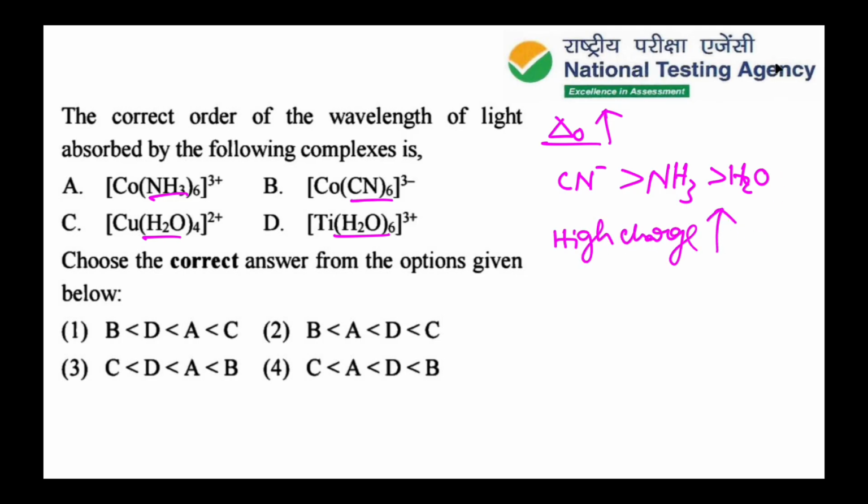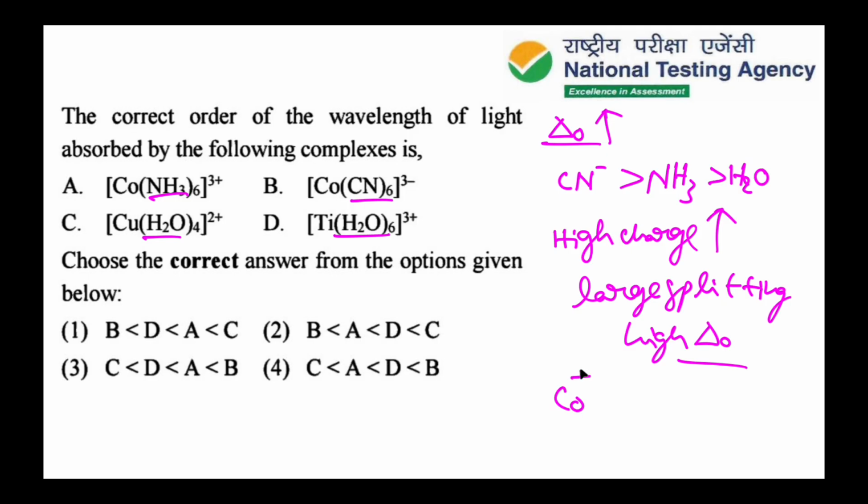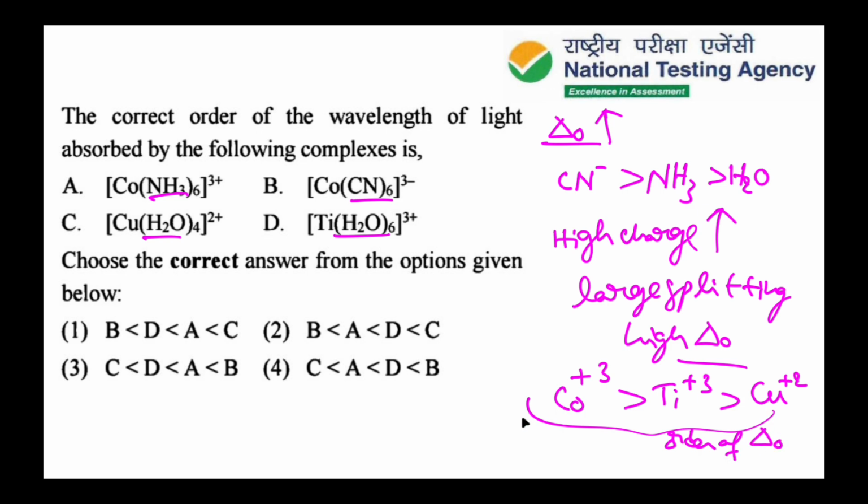Higher the charge on the metal ion leads to large splitting and a higher delta O value. So in these complexes, Co plus 3 charge, then titanium plus 3, then Cu plus 2. So this is the order of delta O, octahedral splitting.